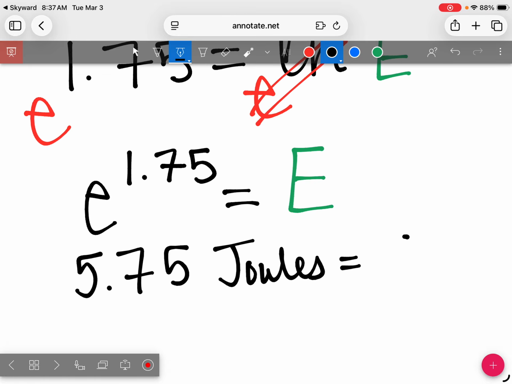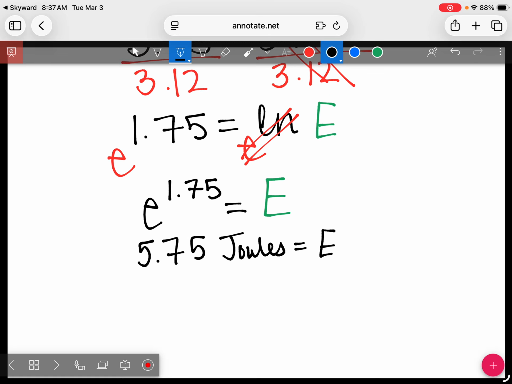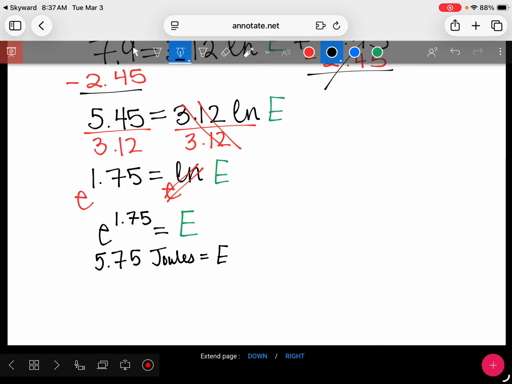That is the amount of energy. So we're still solving it just like any regular equation, just doing the opposite. You just have to remember the opposite of E is LN, the opposite of LN is E. Any questions?